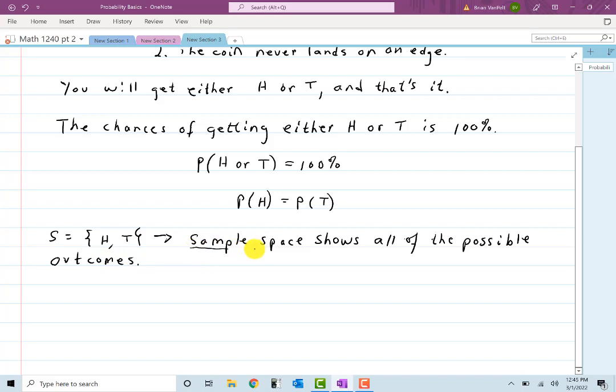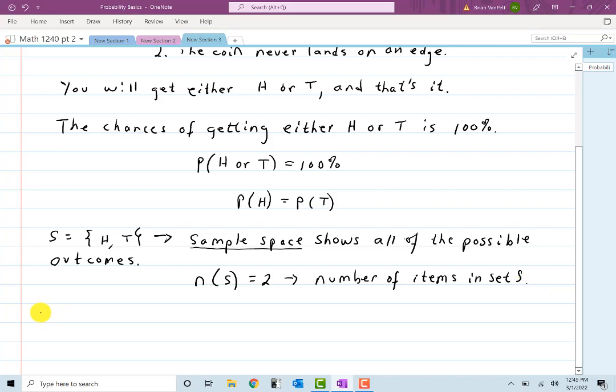Let me underline that word, the word sample space. And then let me write n(S) equals 2. This is the number of items in set S. So whenever I put an n in front of something, I'm talking about the number of items.